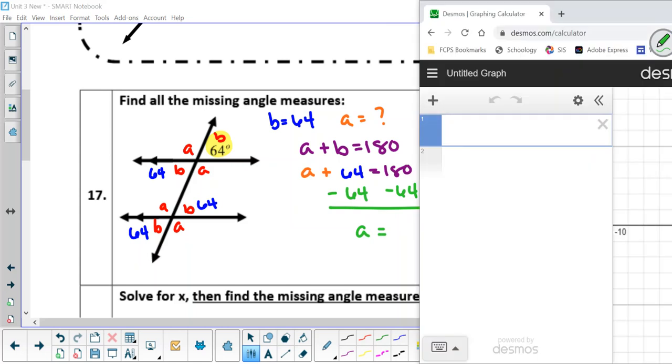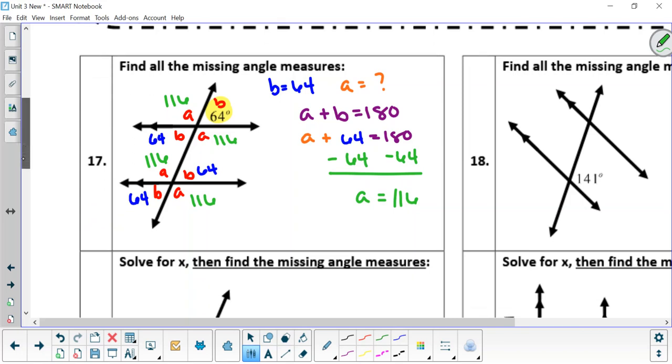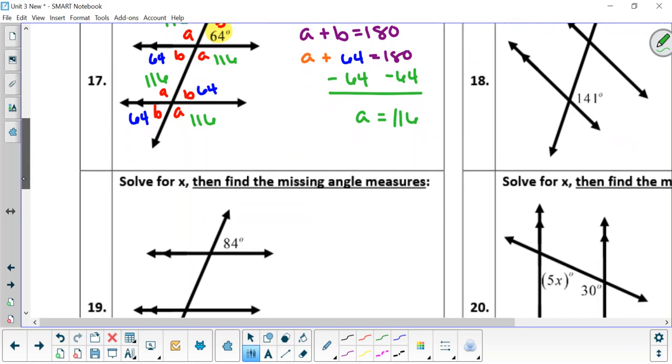If you're unsure, you can always go to Desmos and do 180 minus 64, and it gives us 116. So A is equal to 116. That means anywhere there's a letter A, I'm going to write 116. Now I have found all of my missing angle measures. Again, I'm going to leave 18 for you to try, and you can check your work on Schoology through the answer key.